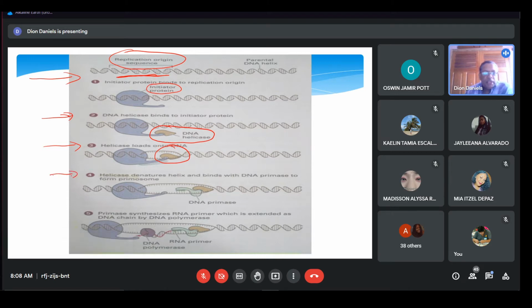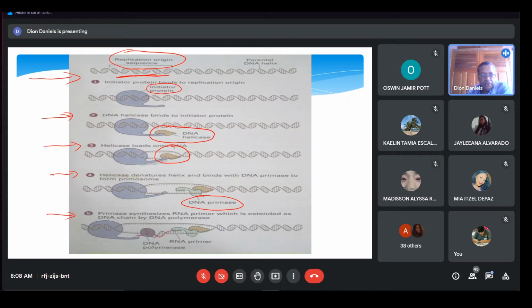In step number 4, the helicase denatures the helix and binds with the DNA primase to form the primosome. All right. So here you have the DNA primase. And remember, what's the role of the DNA primase? It's to make that RNA primer, which will anneal to both strands, and from there polymerization will proceed. So the primase synthesizes the RNA primer, which is extended as DNA chain by DNA polymerase.